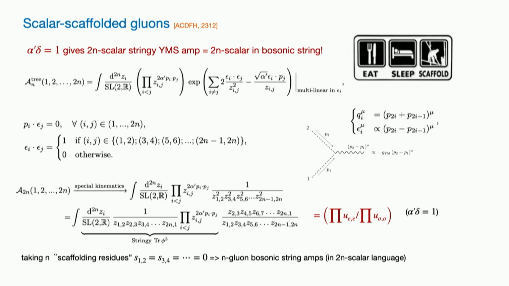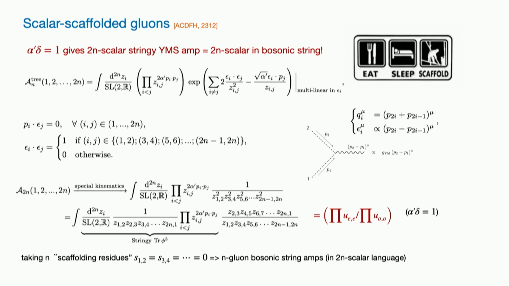So what is this picture telling you? It's telling you that if you start with the 2n scalar bosonic string amplitude and shift the kinematics, it gives you n pairs of scalar amplitude, where each pair is actually coupled to a gluon, because this is starting from a higher dimensional gluon in the bosonic string. So this is what I call scaffolding. The scaffolding is really telling you that to express the momentum of a gluon, you need a sum of the two momenta of the scalars.